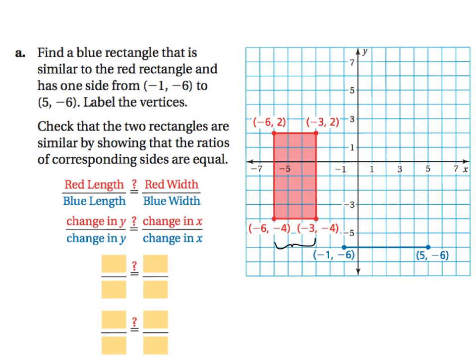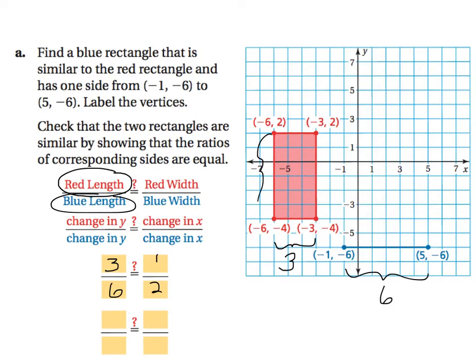We see here that this length is 3. We see that we have to make a side length here of, let's see, 1, 2, 3, 4, 5, 6. That means what's the ratio of sides? Well, here we go. Ratio of length, 3 to blue length, 6. Therefore, that simplifies into 1/2.